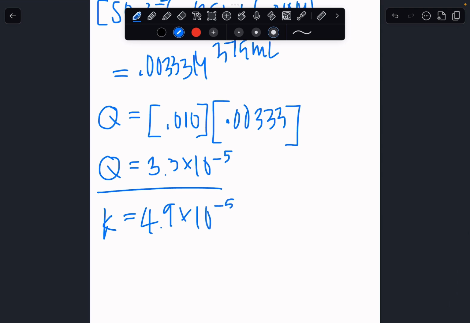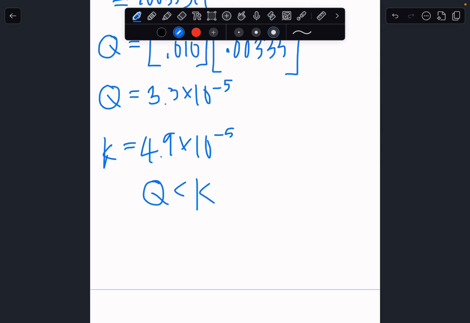So we see that K is larger than Q. So Q is less than K. So this means that a precipitate will not form because Q doesn't have as high of a concentration as K, so it is not at equilibrium, and no precipitate will form.